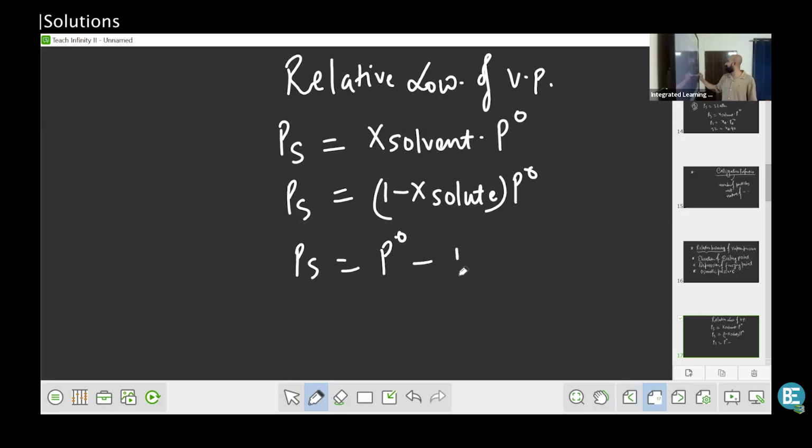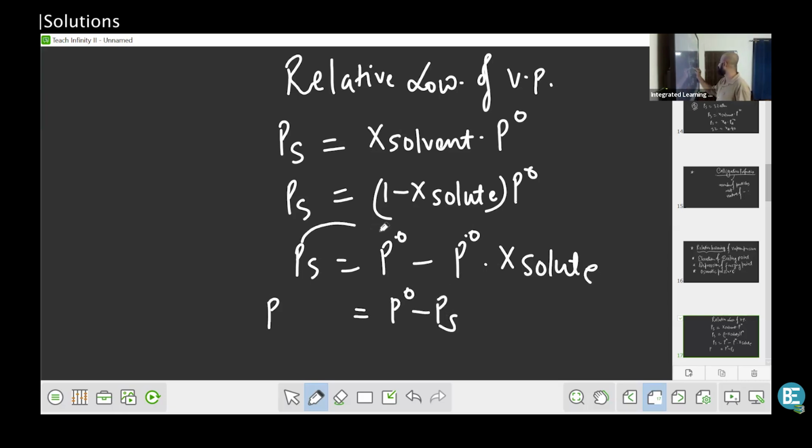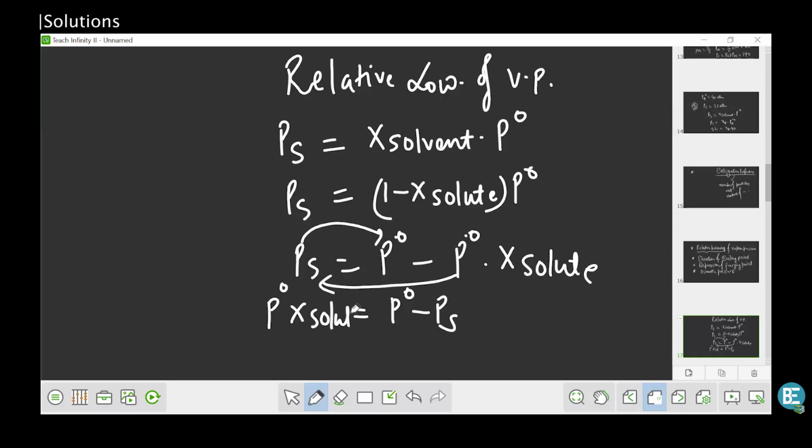I'm opening the bracket. P naught into X solute. Now see, I'm rearranging it. So P naught minus Ps, I'm sending this one this side and this whole thing this side. So P naught X solute. Is it clear?